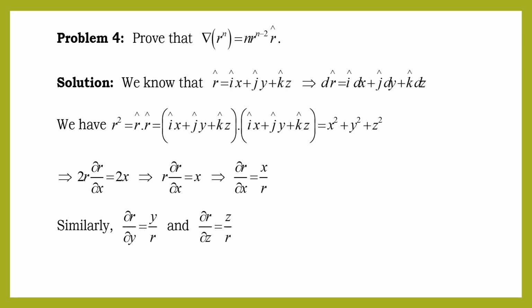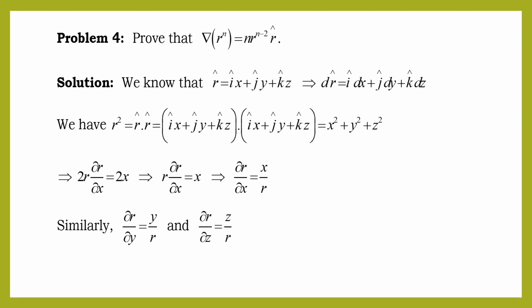So, r square becomes i cap x plus j cap y plus k cap z dotted with i cap x plus j cap y plus k cap z, which again equals x square plus y square plus z square. So r square equals x square plus y square plus z square.